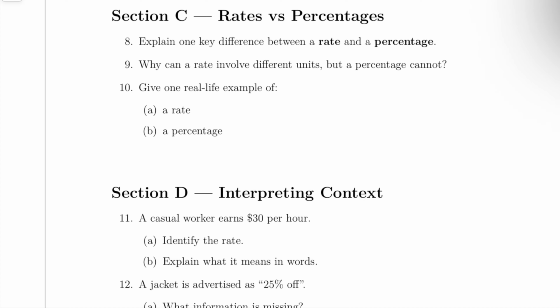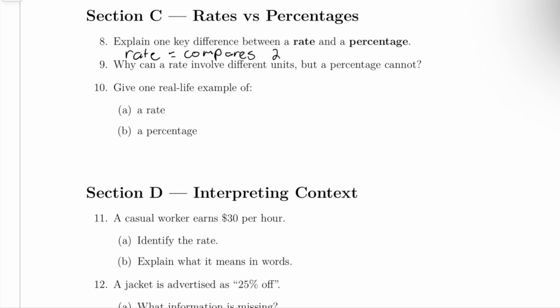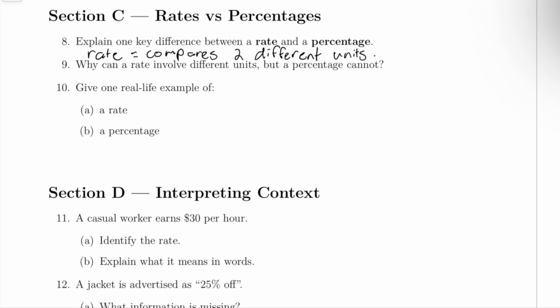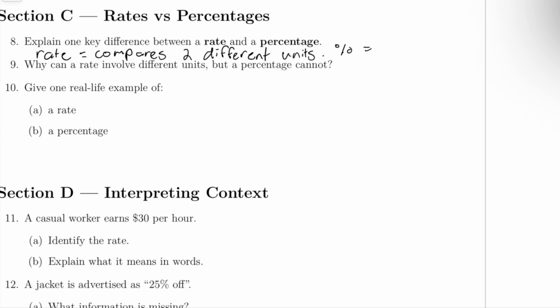So rate equals compares two different units, or quantities, whatever you want to call it. Whereas percentages, they mean parts per 100.